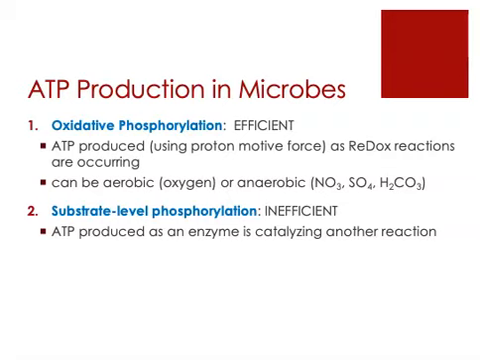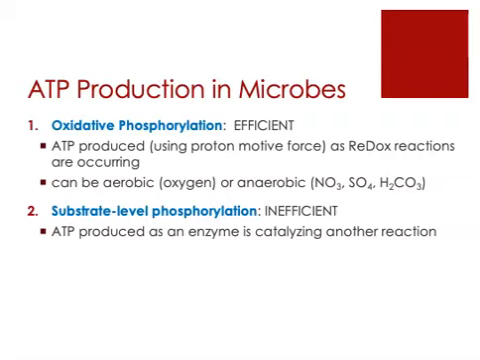But as I said a minute ago, cellular respiration is technically only part of the process. Cellular respiration is added on with oxidative phosphorylation or substrate level phosphorylation to actually build ATP. So we need to understand these two processes.